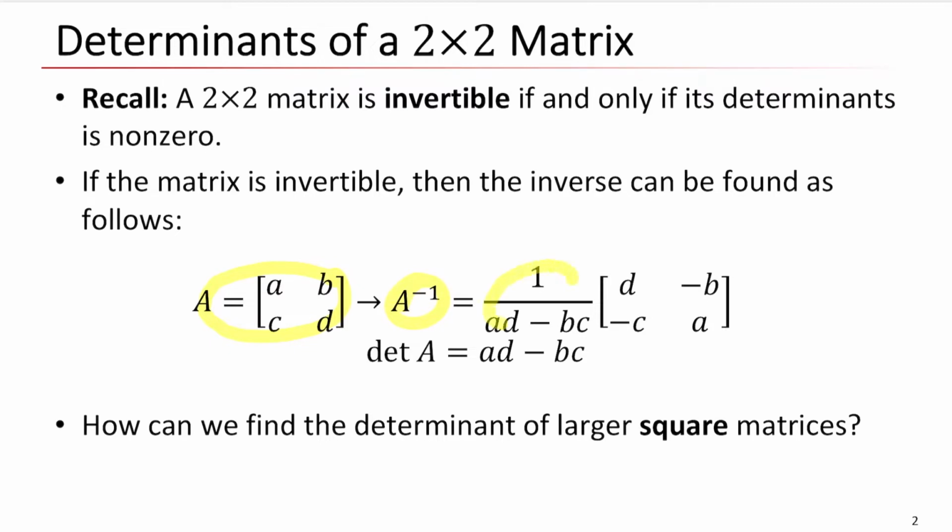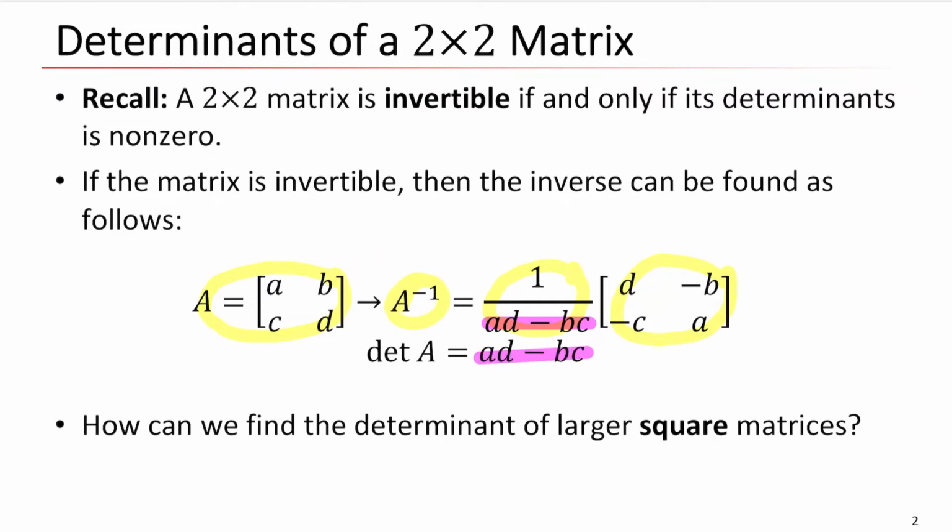Something like this term with the matrix, right? You might remember how we can derive this, but here is a very interesting term, right? The AD minus BC term.